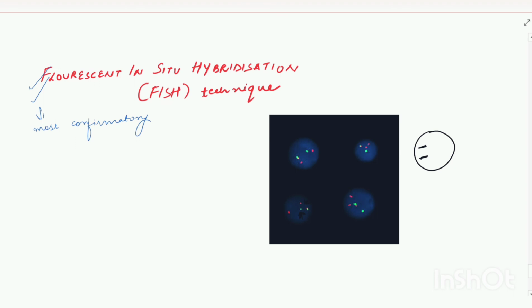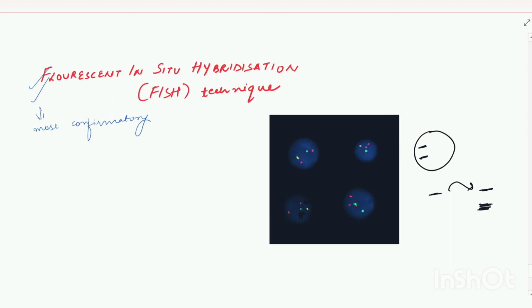So what happens in CML? There is translocation of the BCR gene over to the ABL gene. So there is a BCR-ABL fusion product. Consider that this gene will translocate to this ABL gene. So it will come in close proximity, no?